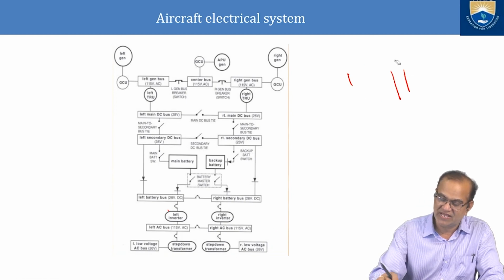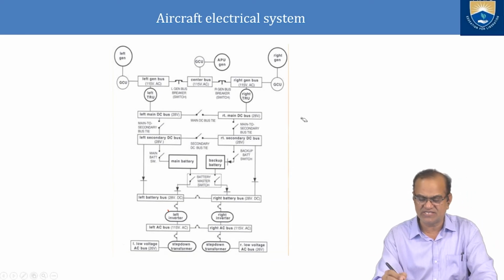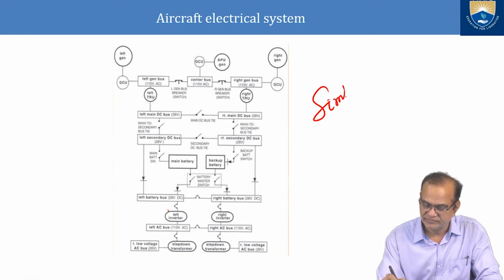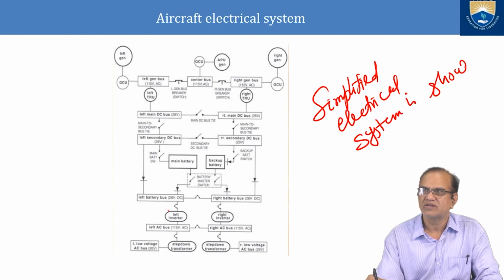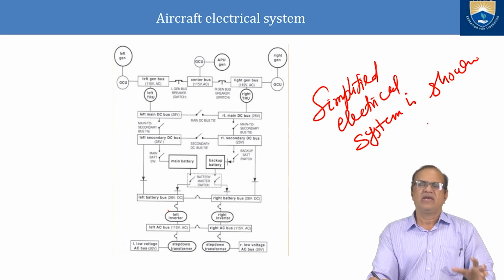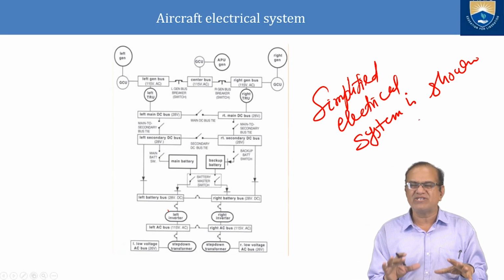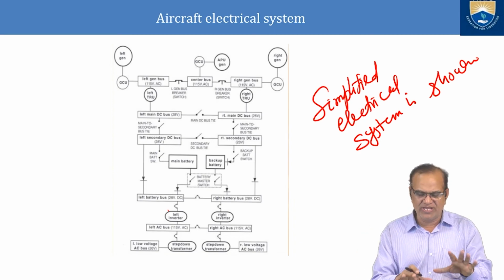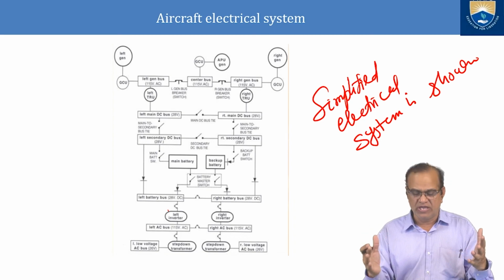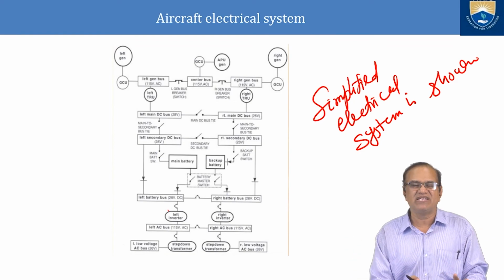So here a simplified electrical system is shown, and power distribution, power generation, power control, AC to DC, power conversion, every item of my previous slides is explained in this diagram.